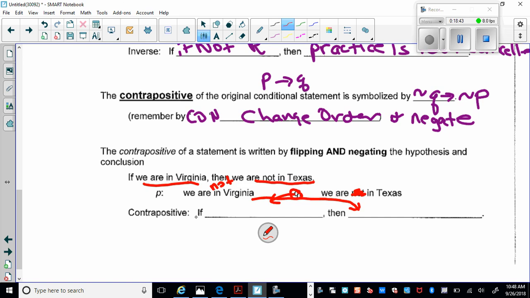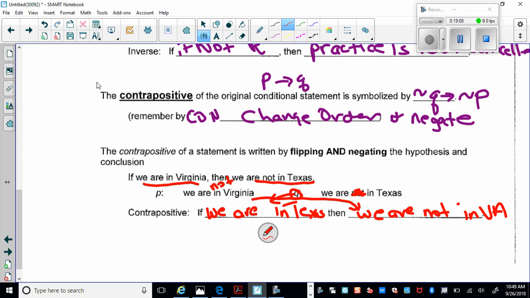So my statement says, if we are in Texas, then we are not in VA. That makes it the contrapositive of the statement.